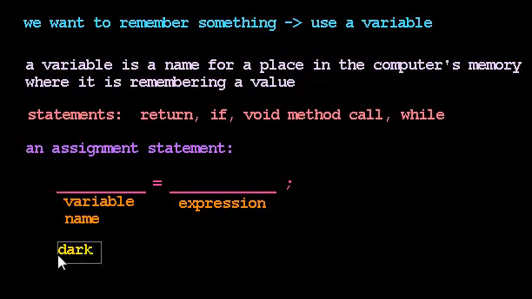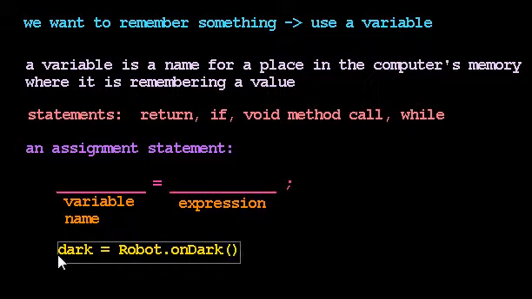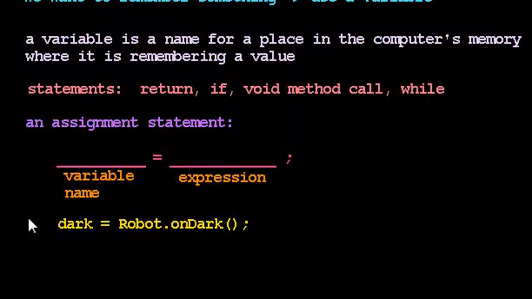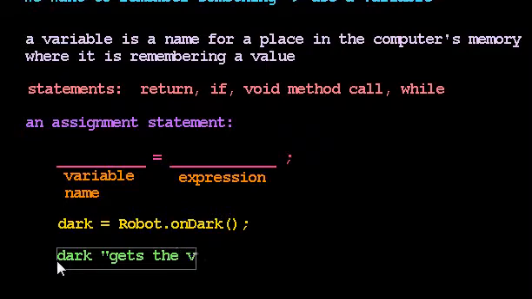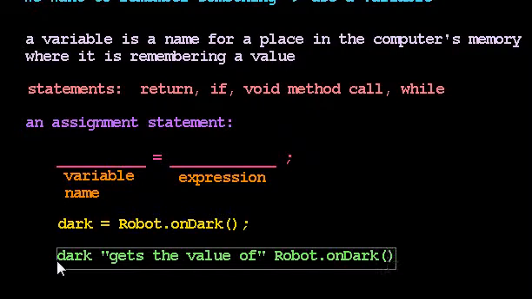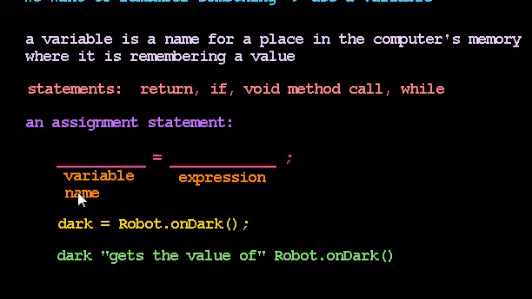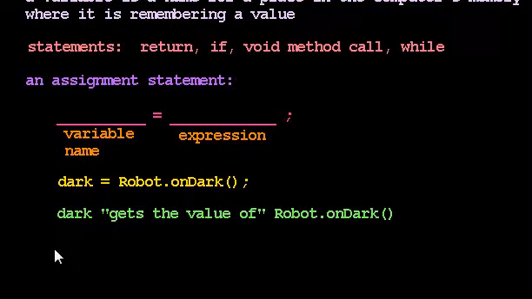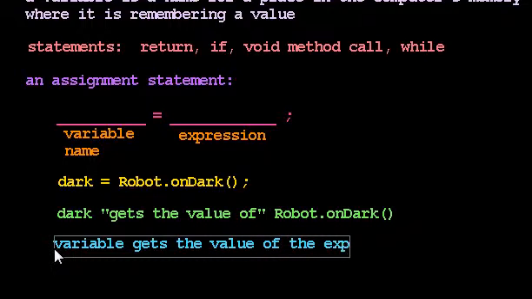Whenever you see something like dark equals robot on dark, the way you want to say that line out loud is that dark gets the value of robot on dark. In other words, in general, the variable gets the value of the expression.